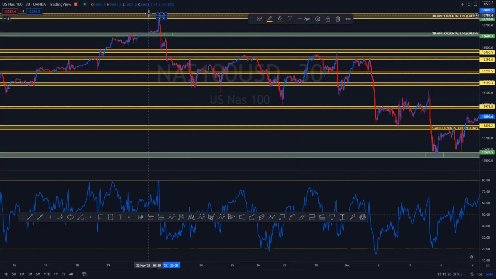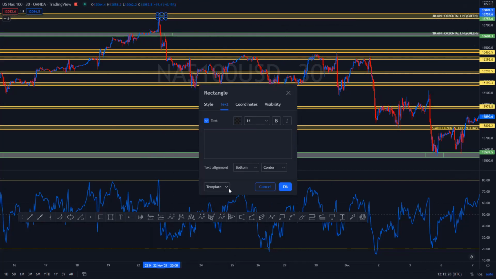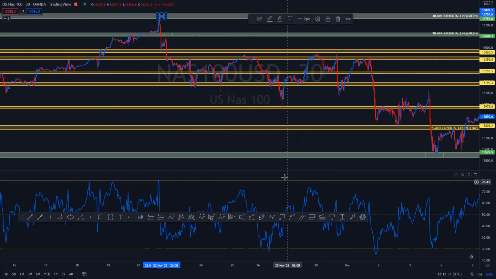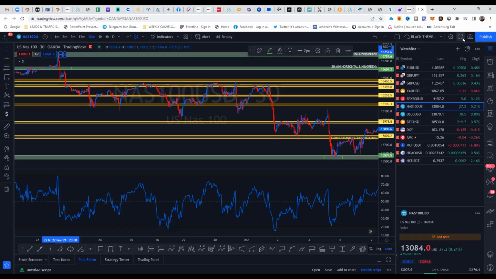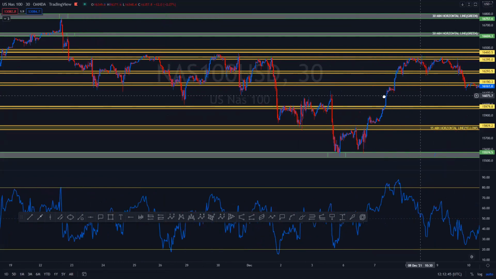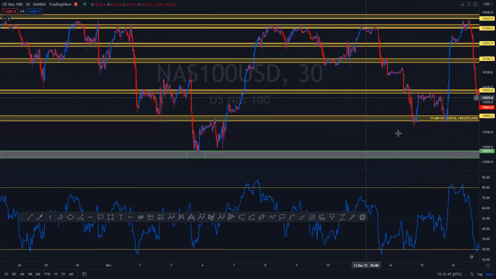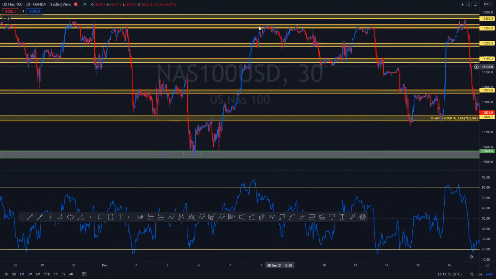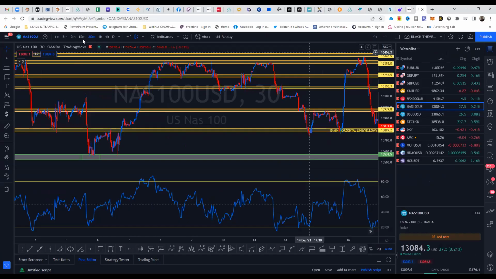I don't know why this is not changing the green, guys. There we go. All right. So now we have marked up the 30-minute. Let's see. So now we're going to go ahead and move on to the 1 hour time frame. See where we're at with that.